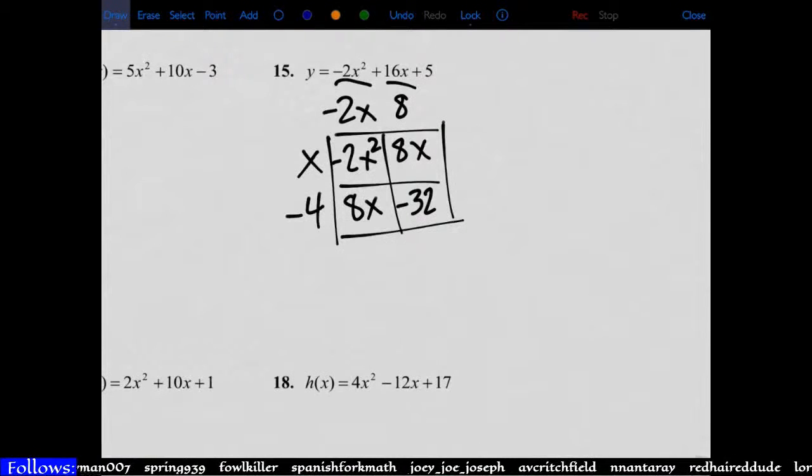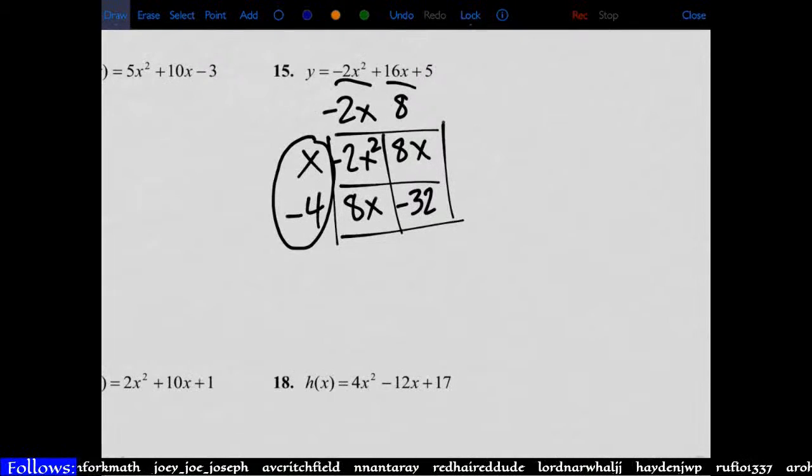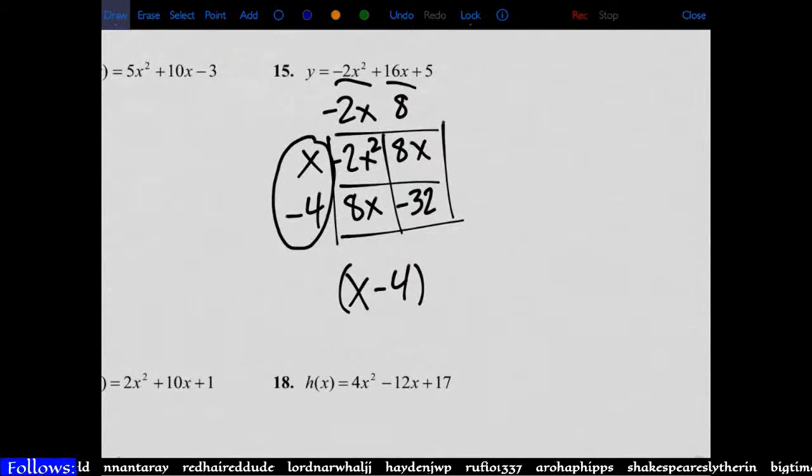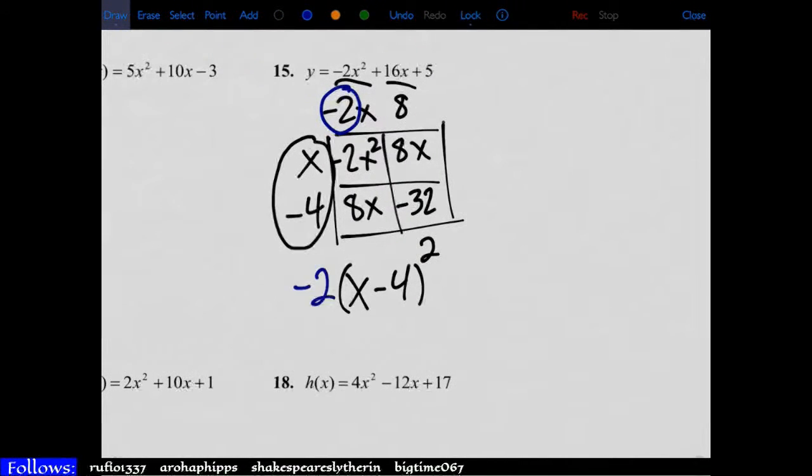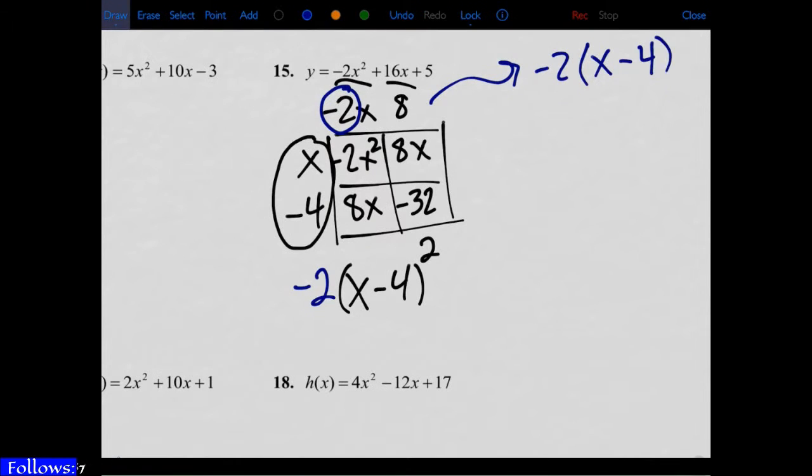All right, now our square we found is an x minus 4 square. We just have negative 2 of them. The reason is, this thing here is the same as negative 2 times x minus 4. So it's really x minus 4 times x minus 4 times negative 2. One of our sides is being multiplied by negative 2.